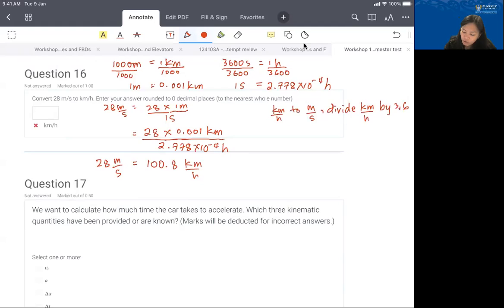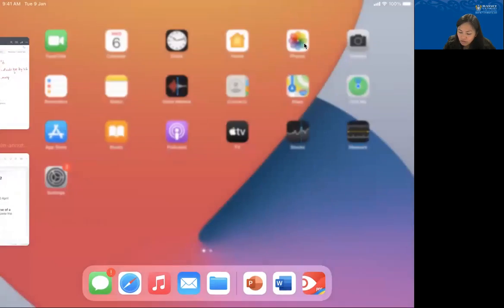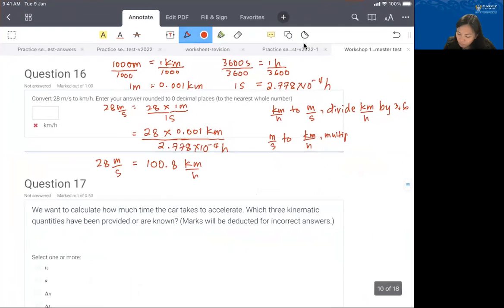Now, if you're converting meters per second to kilometers per hour, you multiply meters per second by 3.6. That's the shortcut there.